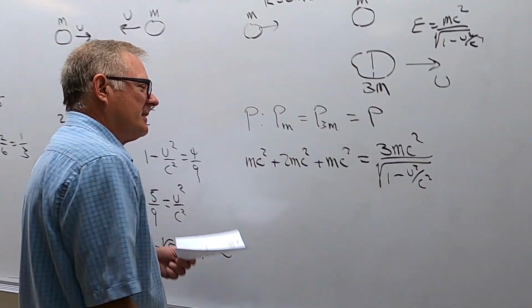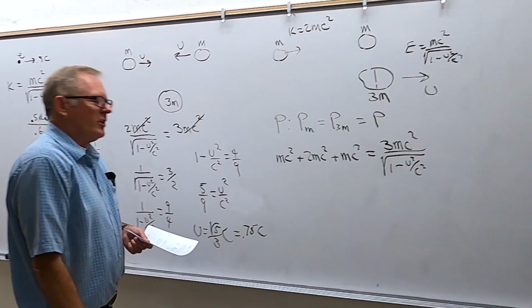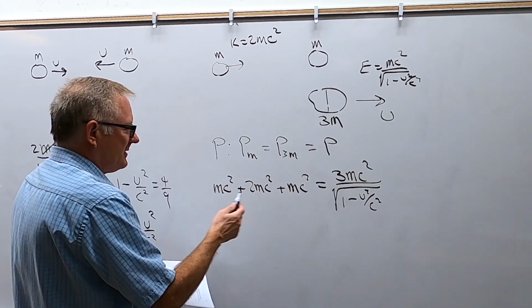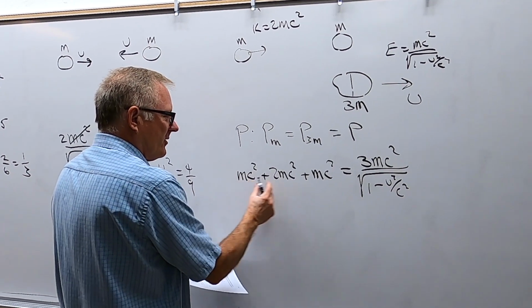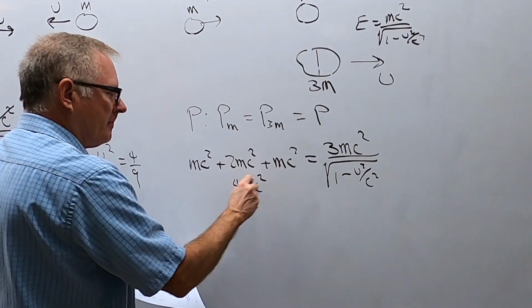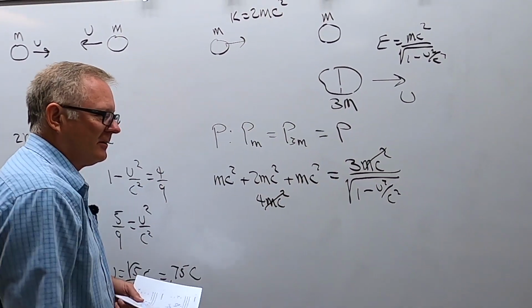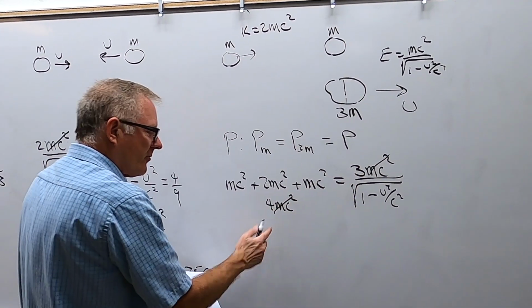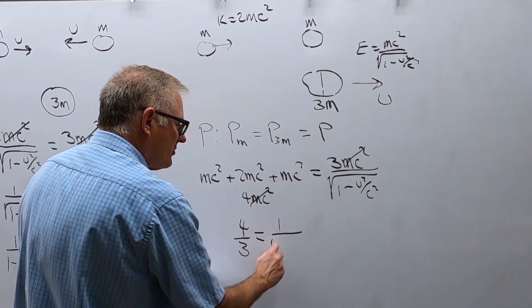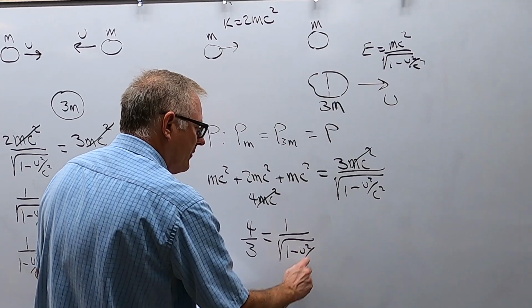They gave us everything except for u. They just want to find u. I could cancel all the mc squareds, but here I might as well combine them first. This is 4mc squared. And now I'll cancel them. Then we'll bring down the 3. So you got 4/3 is equal to 1 over the square root of 1 minus u squared over c squared.